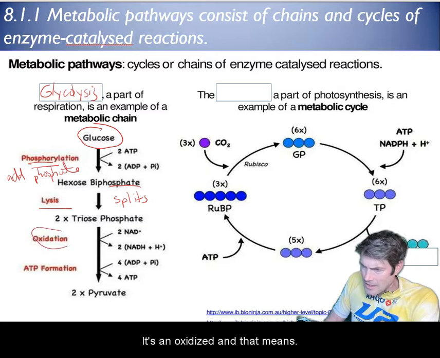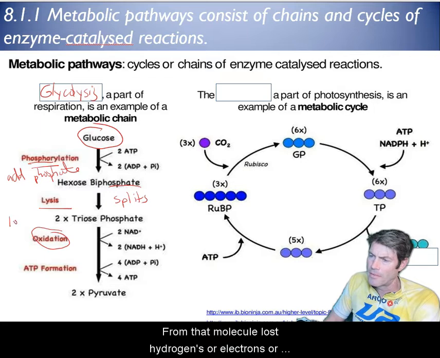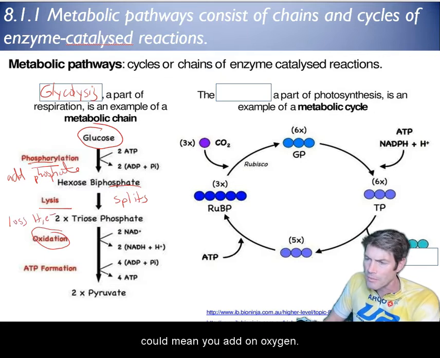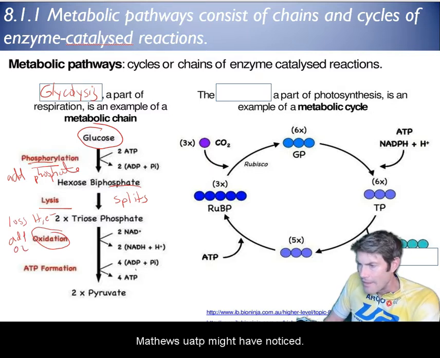It's then oxidized, and that means you lose electrons or hydrogens from that molecule, or it could mean you add an oxygen. In this case, we're losing these electrons and hydrogens. And that gives you ATP.